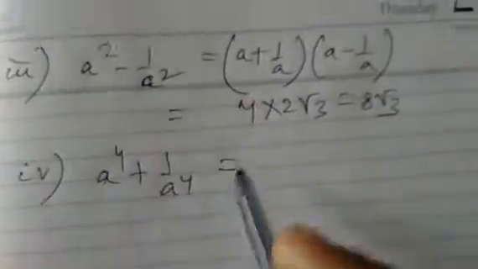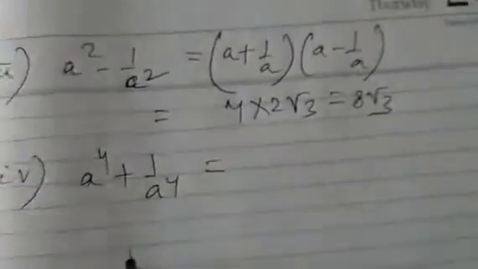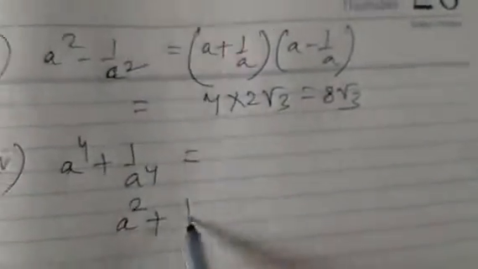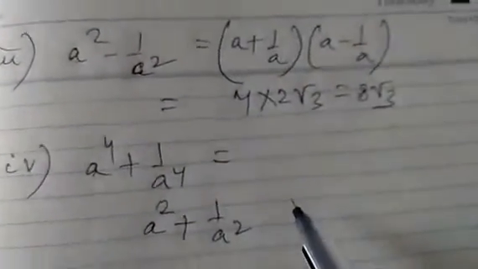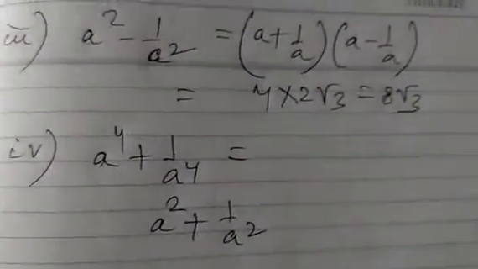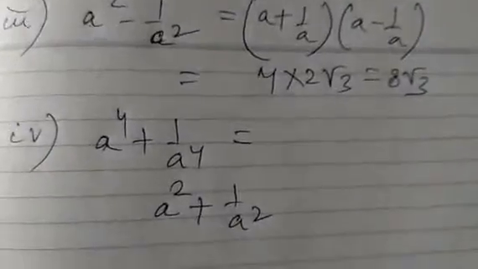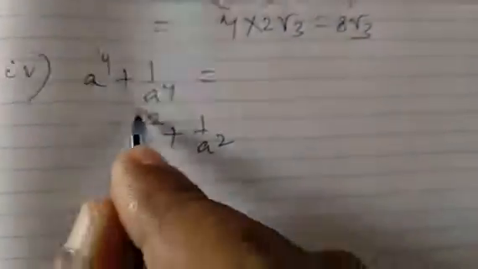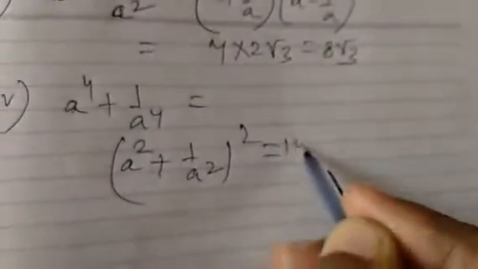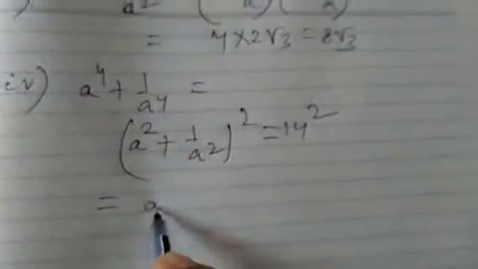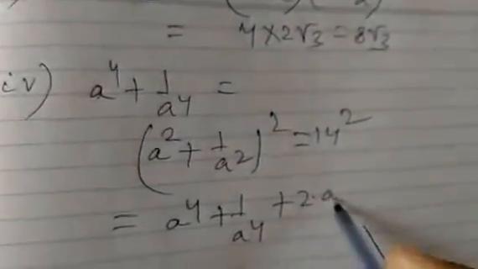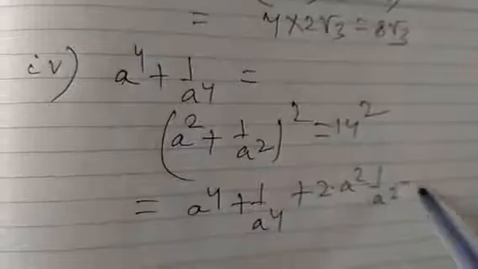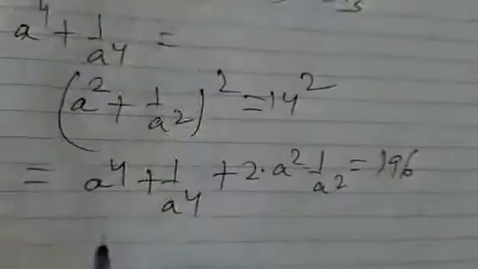To find this one, we can take the help of a square plus 1 by a square. Since a square plus 1 by a square is 14, squaring this, 14 square, you will get a fourth plus 1 by a fourth plus 2 into a square into 1 by a square is equal to 196.